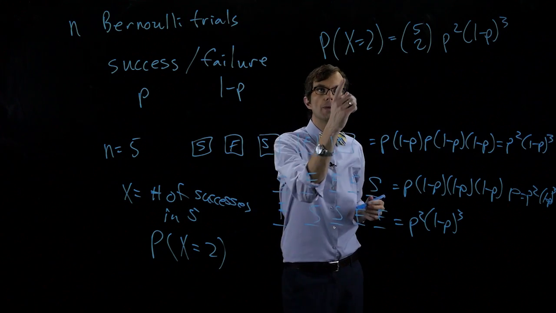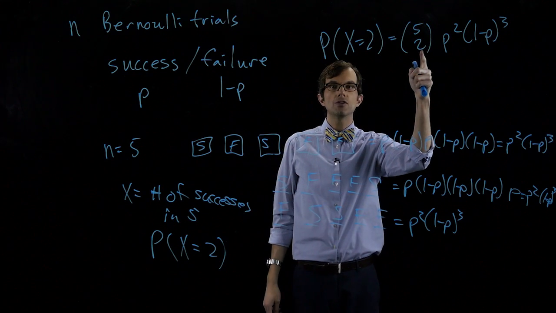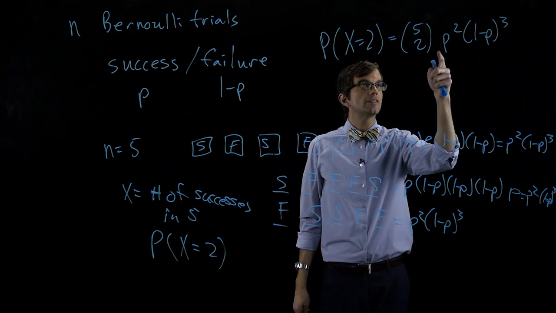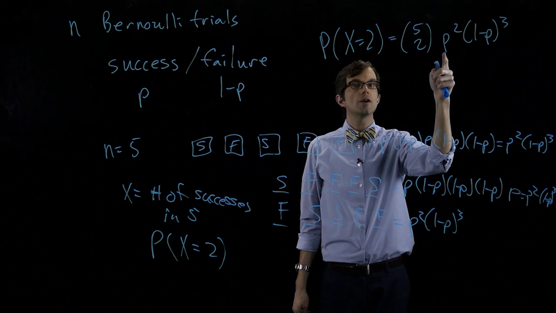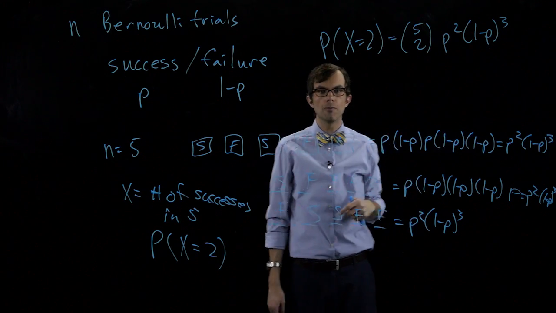So the probability that we see 2 successes out of 5: first we've got to pick those 2 successes out of the 5. Each one of those successes occurs with probability p. Each one of those failures, there are 3 of them, occurs with probability 1 minus p.